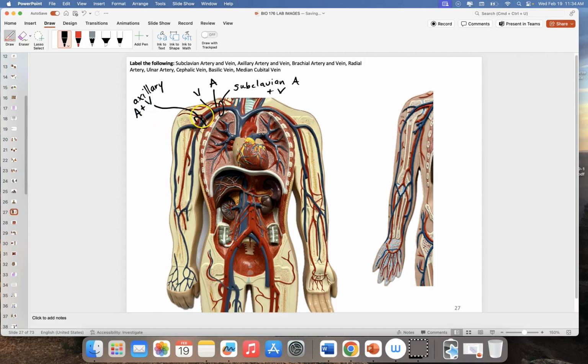Again, on top with our oxygenated blood in red is the artery, and then underneath with our deoxygenated blood in blue is our vein. Since we are in the systemic circuit, we have oxygenated blood in the arteries, deoxygenated blood in the veins. Remember, in the pulmonary circuit, that is reversed.